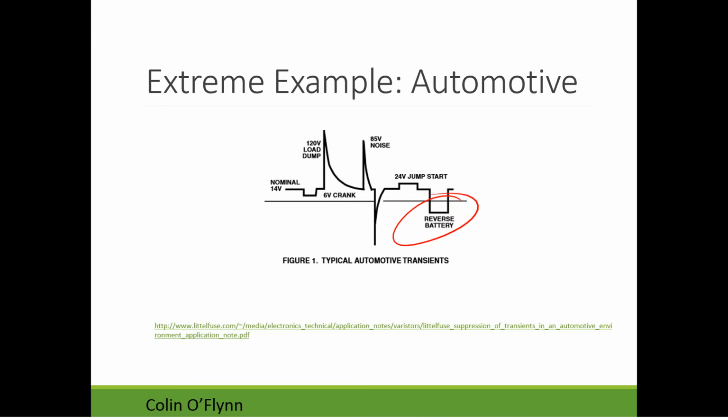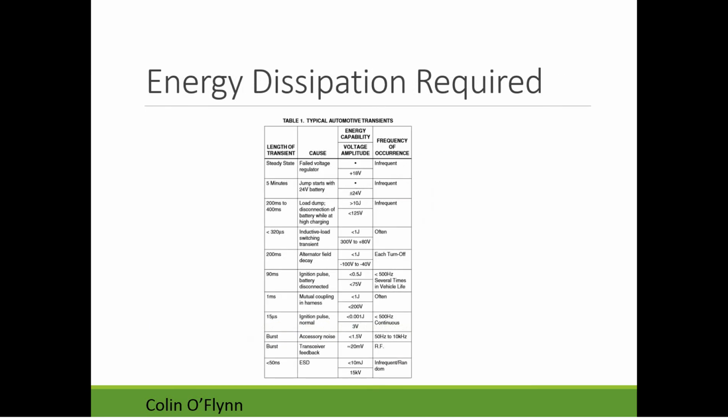Should your car survive that, if someone does it by accident, or does it just destroy all of the electronics in the car? Or if someone uses a 24-volt battery or system, like if a truck's jump starting you and all they have is the 24-volt battery, should your system survive such extreme overvoltage? It's a question of how much money you want to spend to protect against all this.